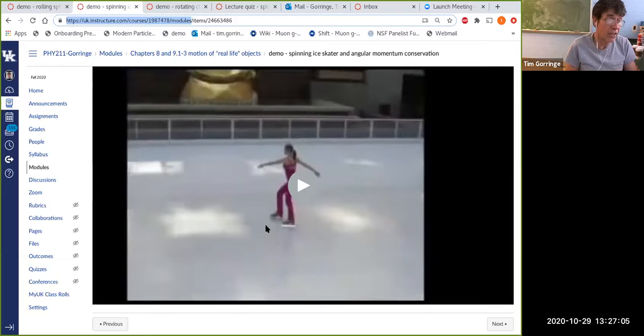Then you're going to see a beautiful example of angular momentum conservation. The ice skater will be spinning, rotating with her hands outstretched. Then she's going to bring her hands inwards. When her hands are outstretched, the ice skater has a larger moment of inertia, rotational inertia, because her mass on average is further away from her axis of rotation.